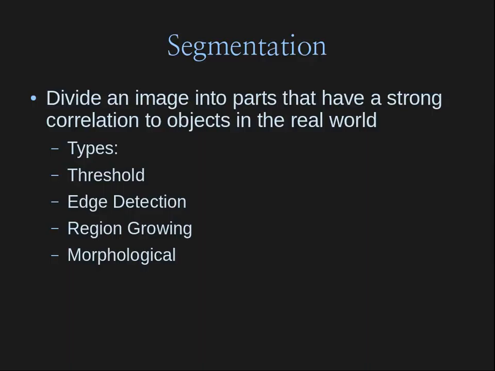That process of deciding what area of the image is penny or not penny, or whatever we're talking about, is segmentation. And there are several different ways of going about segmenting an image. Some of the common ones include thresholding, edge detection, region growing, and then morphological segmentation.